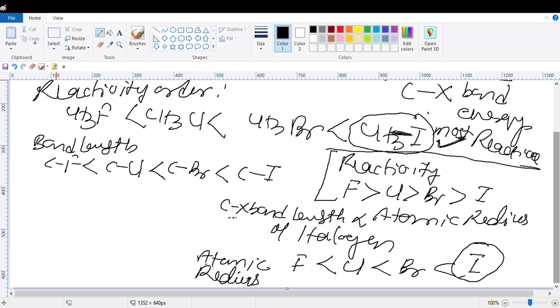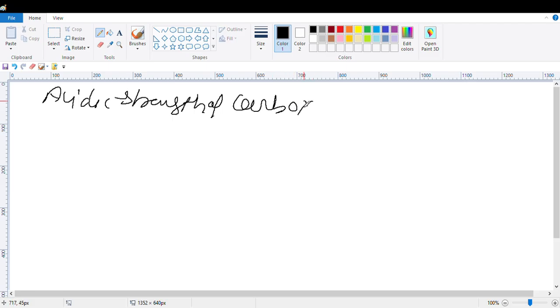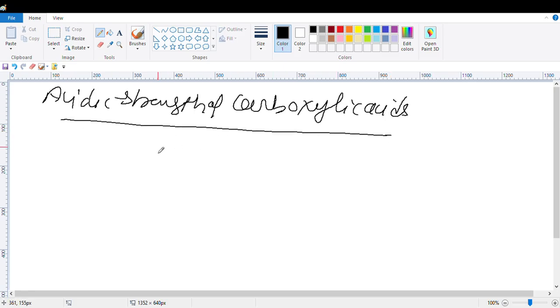Next point is acidic strength of carboxylic acids. Acidic strength of carboxylic acids is inversely proportional to the plus I effect.